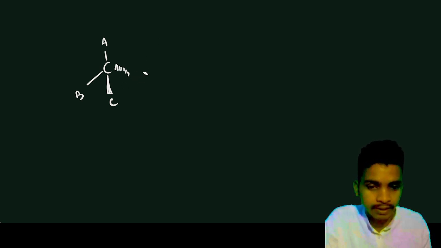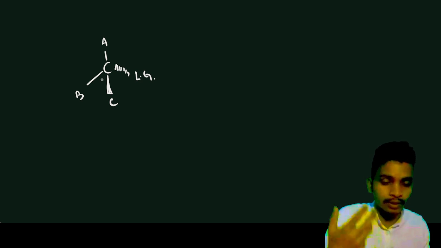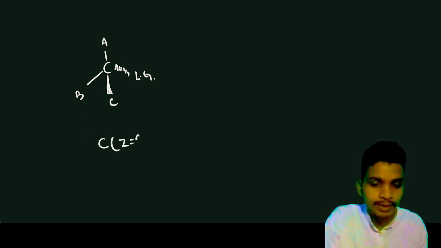So let's say if the atoms are like this, let's say D, and let's say C, and let's say here we have D, or let me say that this is a leaving group. Okay, for this, how will it be bonded? Carbon has atomic number 6.